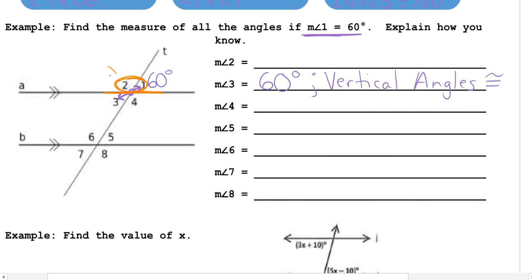So to figure out angle 2, if I take 180 degrees and I subtract 60 from that, I will get the measure of angle 2, which is 120 degrees. And I knew that because angle 1 and angle 2 are supplementary angles.